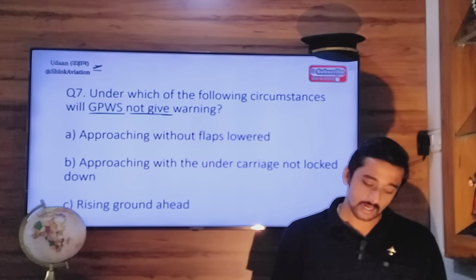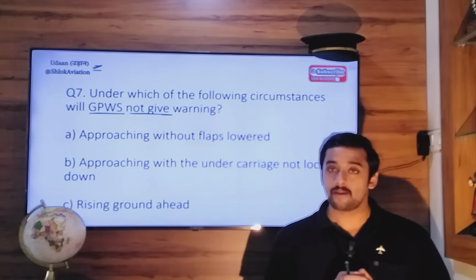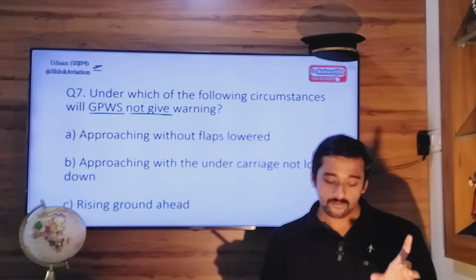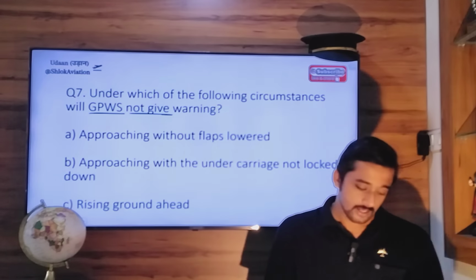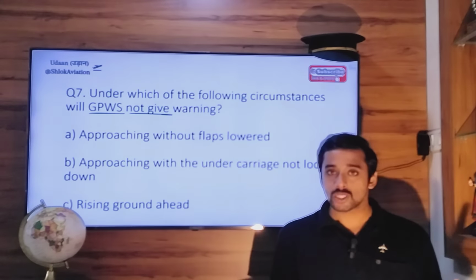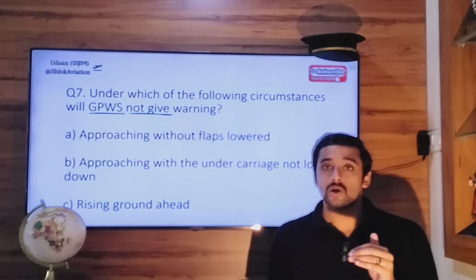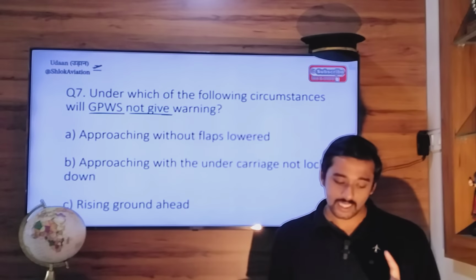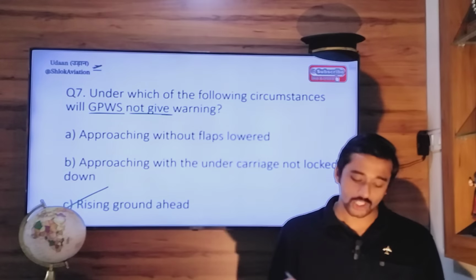So you do get a warning whenever you are approaching below a certain height without extending your flaps. You also get a warning when you are approaching the runway without landing gear locked down. But you do not get a warning about rising ground ahead. So the correct option is option Charlie.